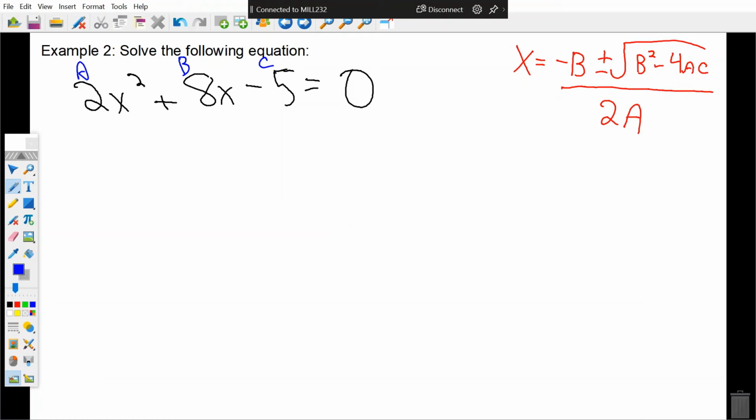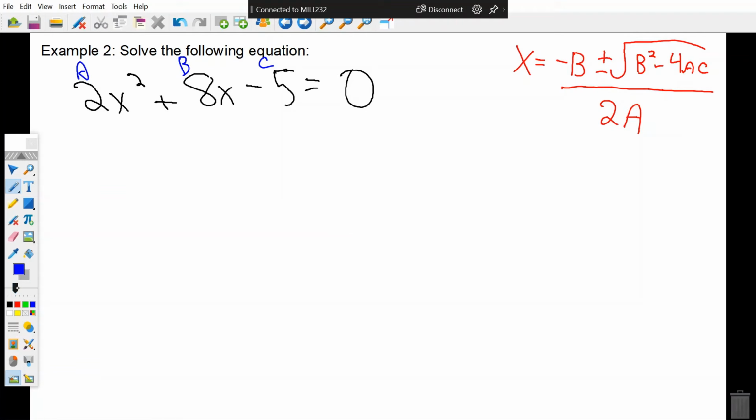So take a few minutes here, plug those values into your quadratic formula, and see what you come up with. I'm going to start working this out as well.